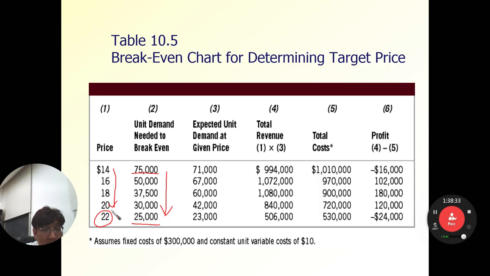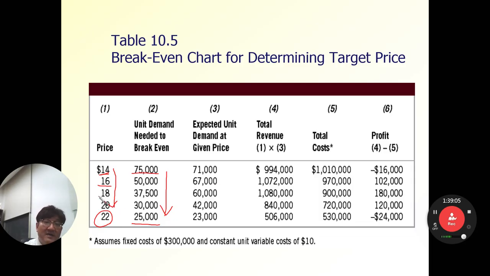When we increase the price, the third column is the expected demand at the given price level. When we set the price at $14, the expected demand is going to be 71,000. When we increase the price by $2 to $16, the demand decreases a little bit, to 67,000 units.